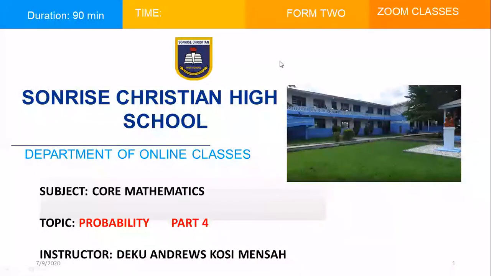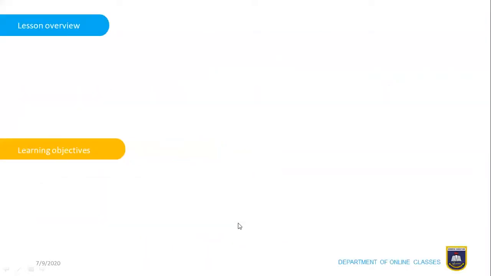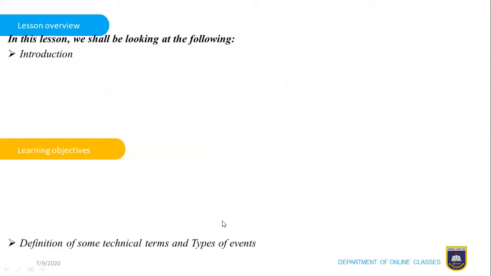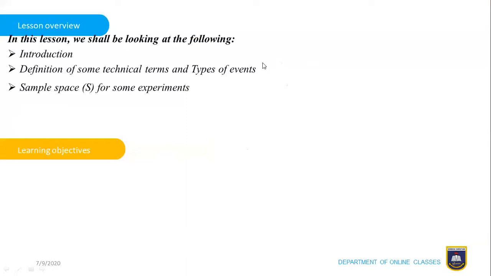We prepared for objectives. Introduction, we did. That's the lesson overview. Definition of some technical terms and the types of events we did. Sample space for some experiment we did.